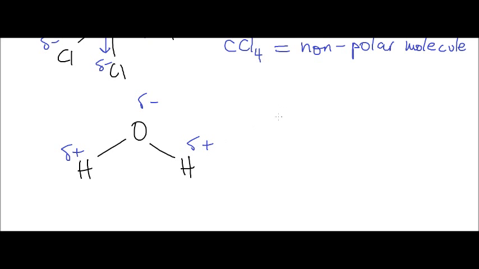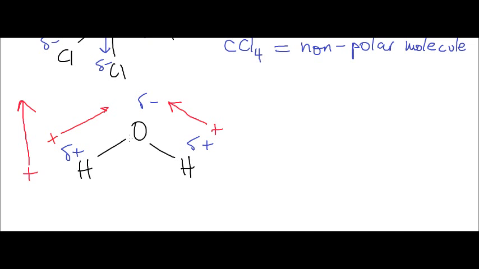Notice the direction in which it's going, from positive to the negative. So it's going from the bottom here, where the hydrogens are, to the top. We can draw it that way, or we can draw it going from positive here to the negative, being the oxygen up at the top.